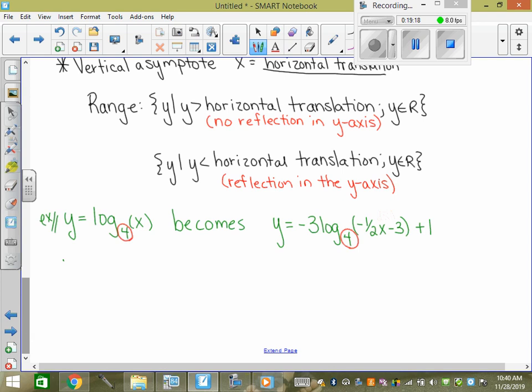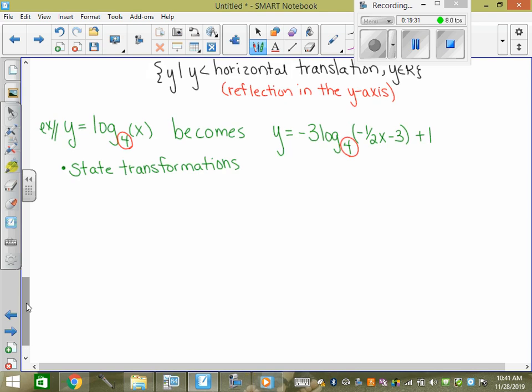So I want you to state the transformation. That's the first thing, state the transformation. The second thing I want you to do, mapping. Third thing, domain.